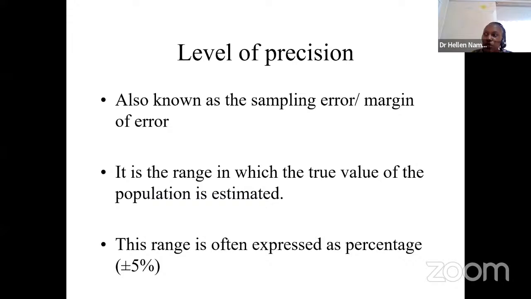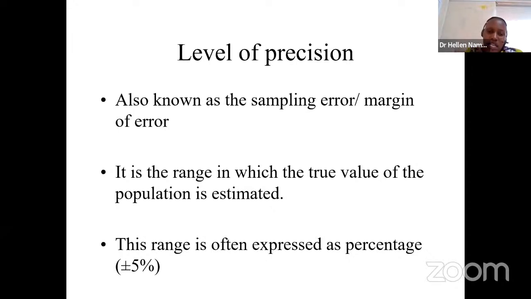And sometimes when you're working on this particular section, maybe writing a paper or a thesis or a dissertation, it is always good, the moment you quote your sampling error to be plus or minus 5%, to also quote the literature to support that evidence, because there's a lot of literature to back up the 5%.